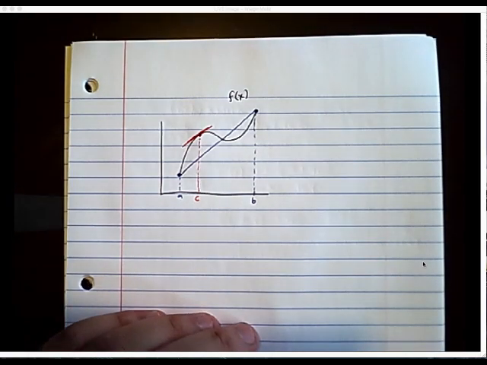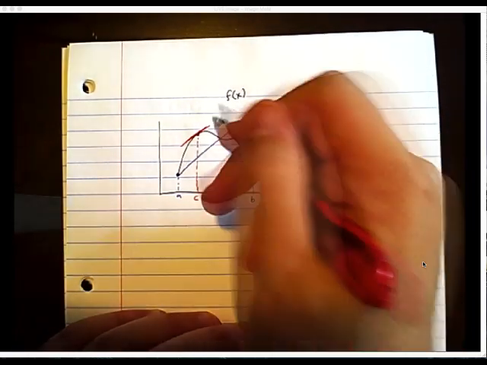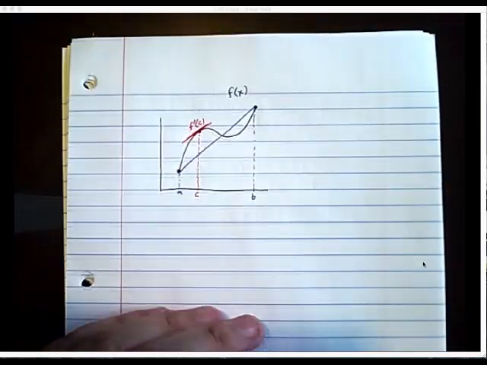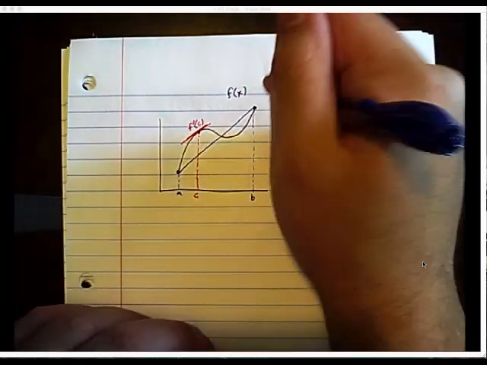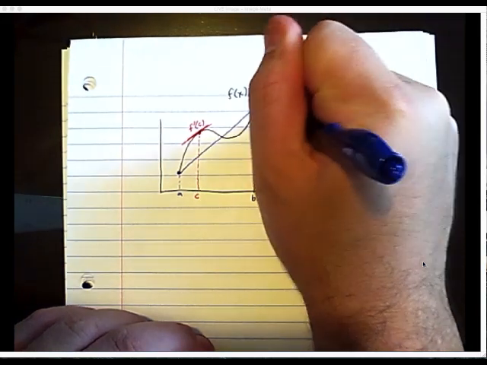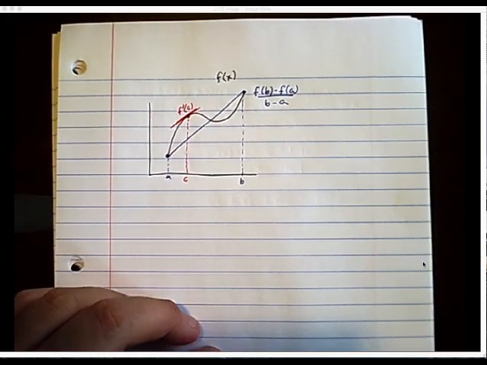There's got to be some point in between a and b called c, where f prime of c, which would be the slope of this tangent line, equals the slope of the secant line. And the way we'd calculate the slope of the secant line is this average rate of change. So that's the MVT.